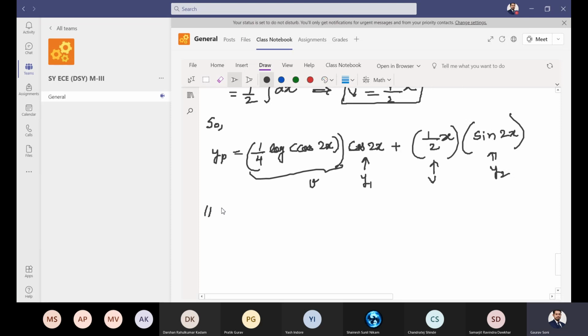And hence, our solution of the differential equation y will be equal to yc plus yp.